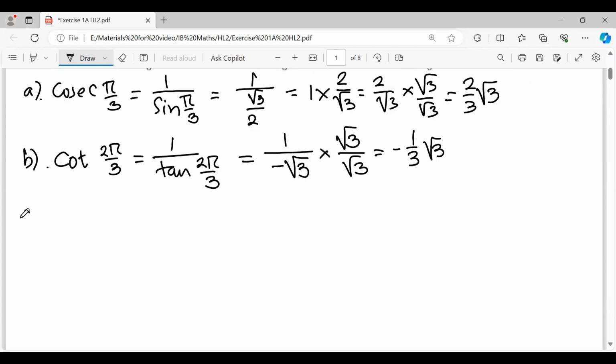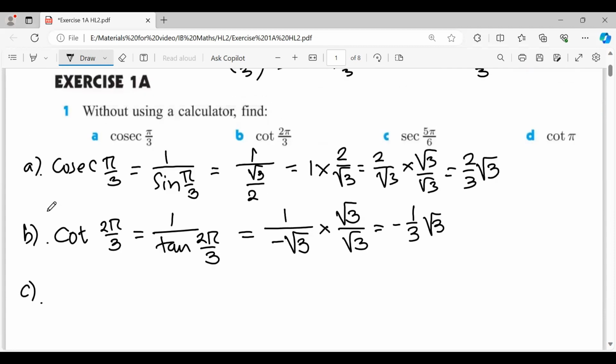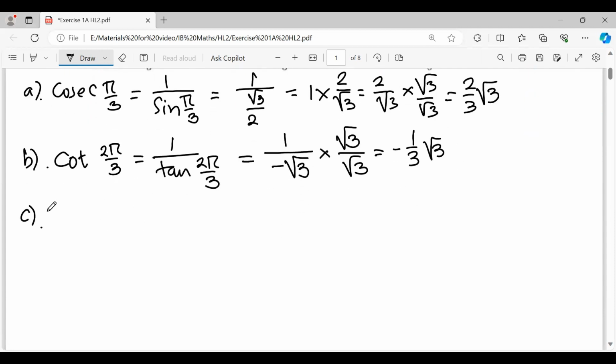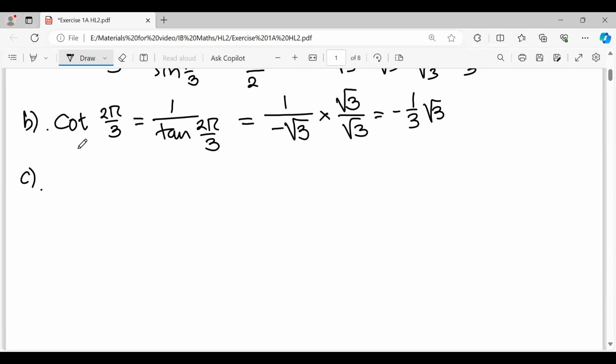C. Secant 5 pi over 6. Okay. Secant equals 1 over cosine 5 pi over 6, because inverse of secant is cosine, or inverse of cosine is secant.